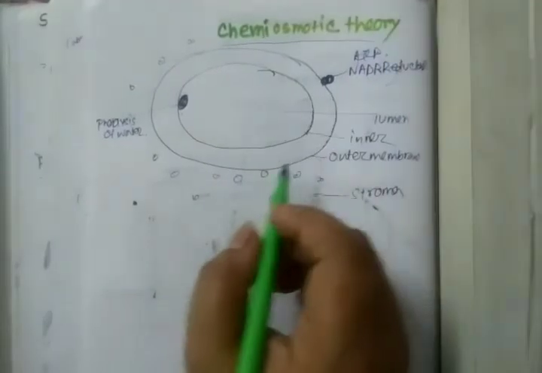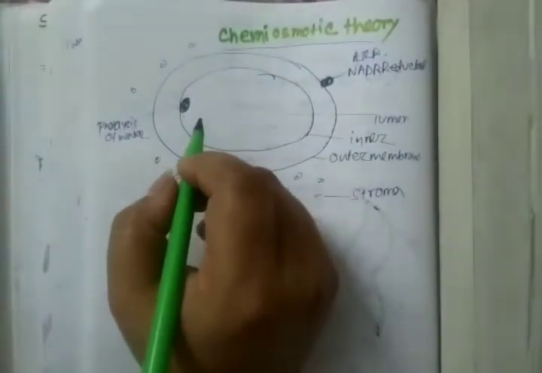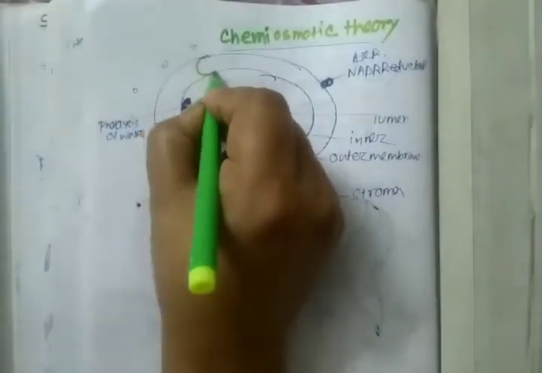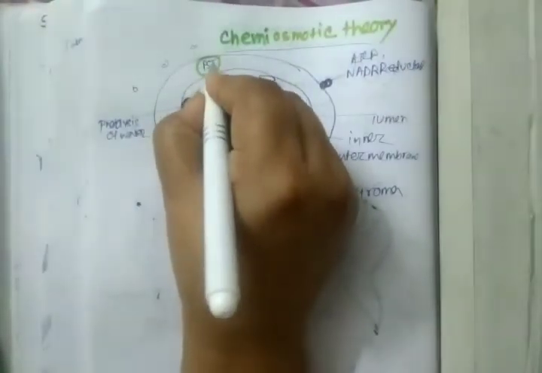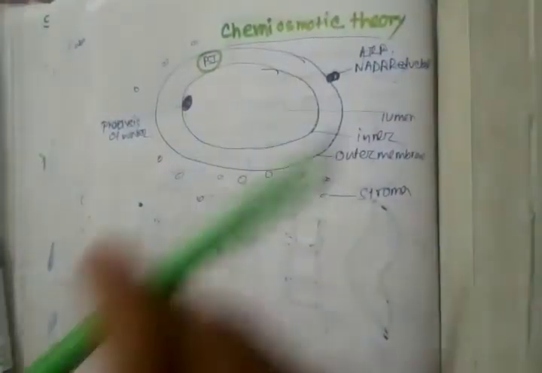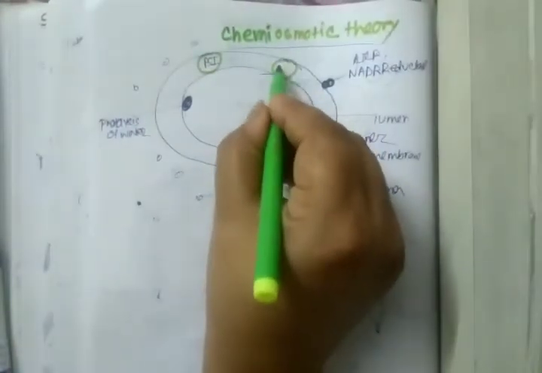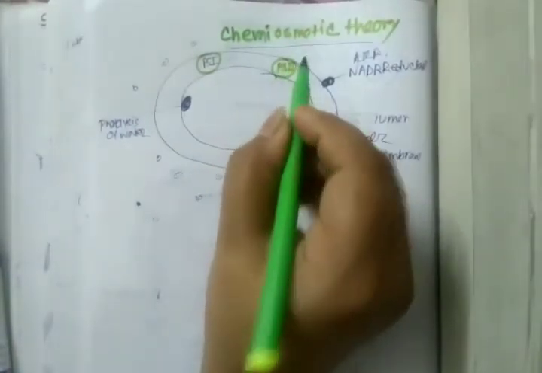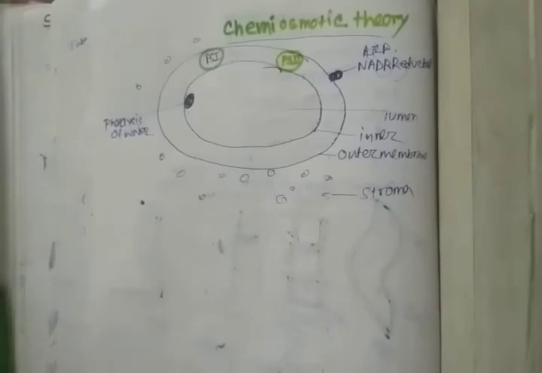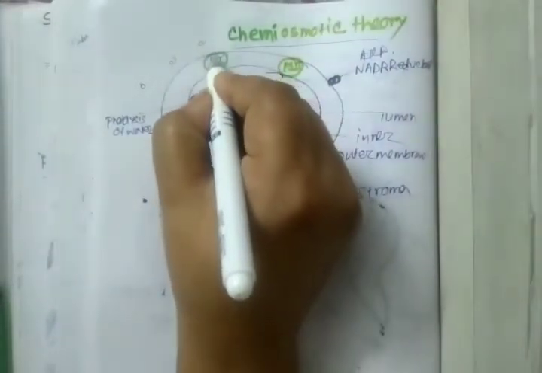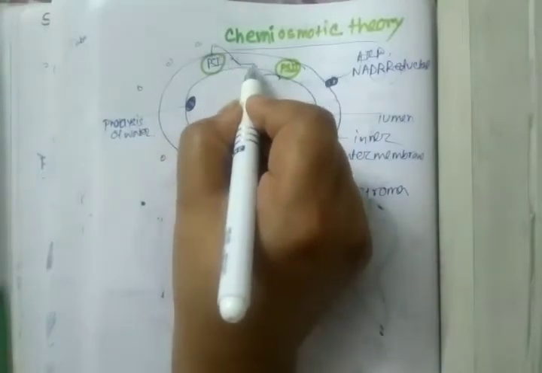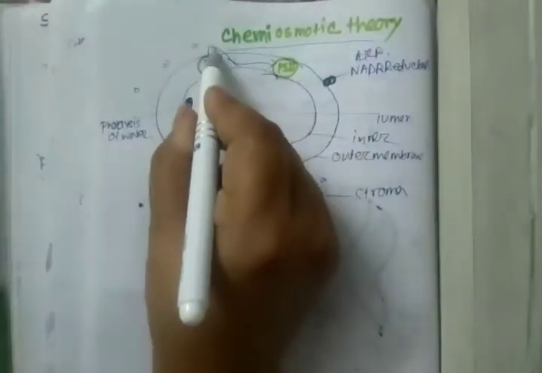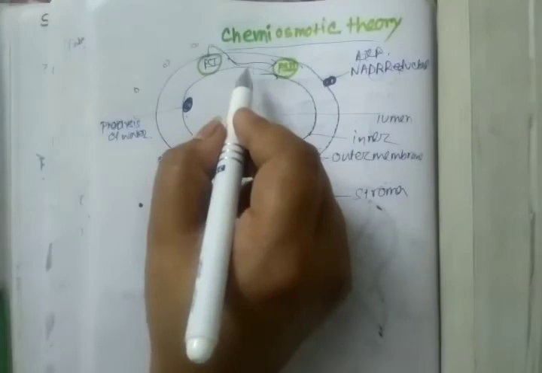Let us draw the photosystem. The photosystem, that is PS1 and PS2. The electron is going to pass from PS1 to PS2.